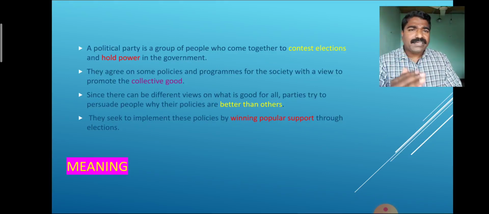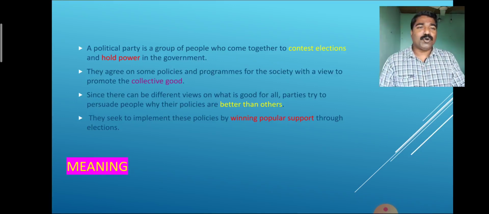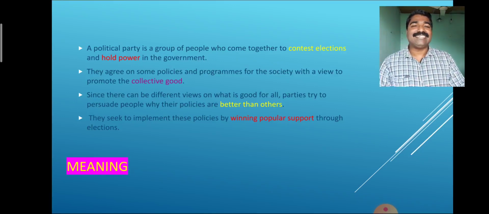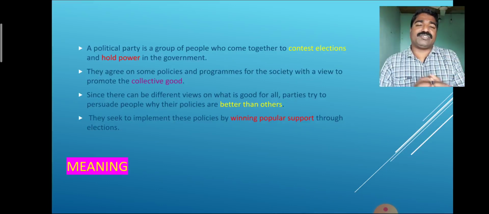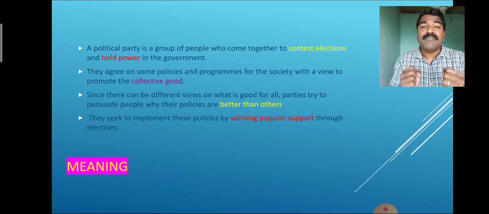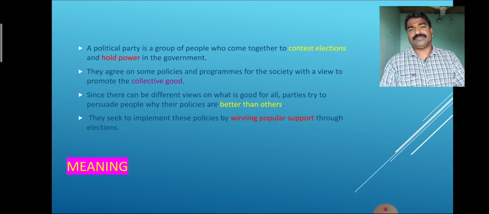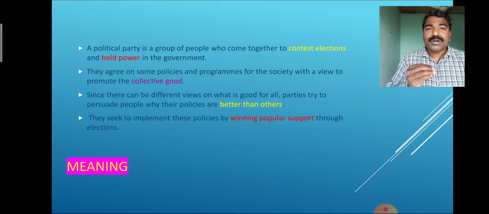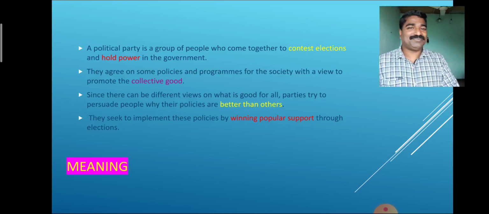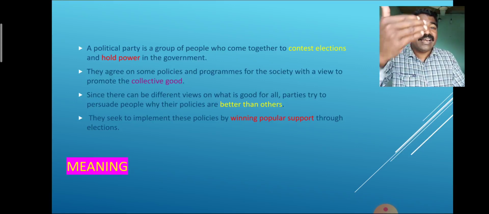A political party is a group of people who come together to contest elections and hold power in the government. Contest elections and hold power in the government. And the political parties agree on some policies and programs for the society with a view to promote the collective good. Okay, what are their policies for the collective good?